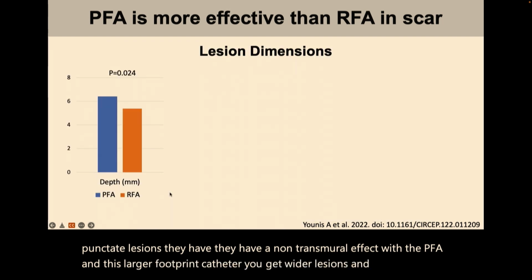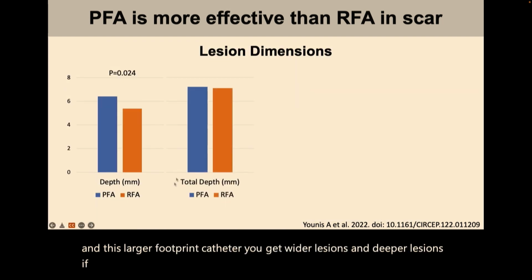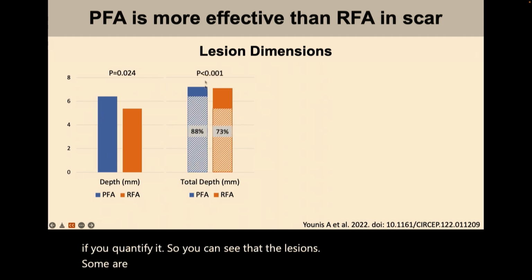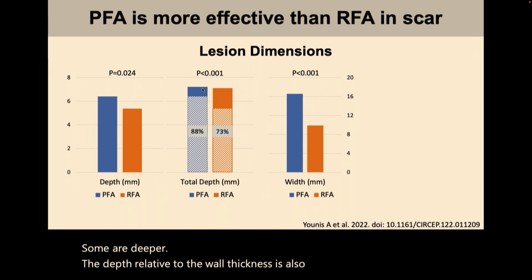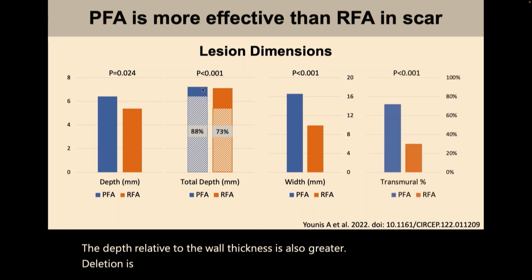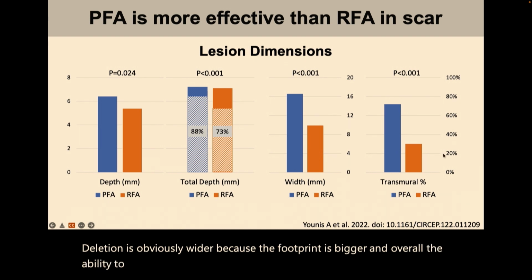If you quantify it, you can see that the lesions are deeper. The depth relative to the wall thickness is also greater. The lesion is obviously wider because the footprint is bigger, and overall the ability to reach transmurality was higher with the PFA with this catheter compared to the RFA.